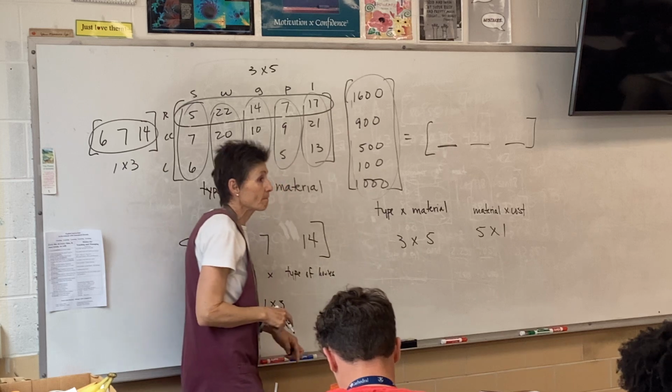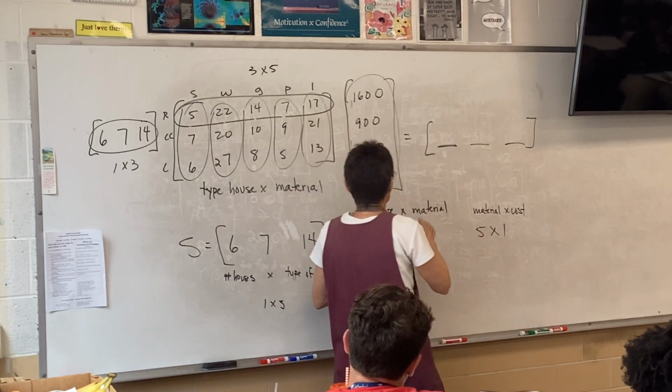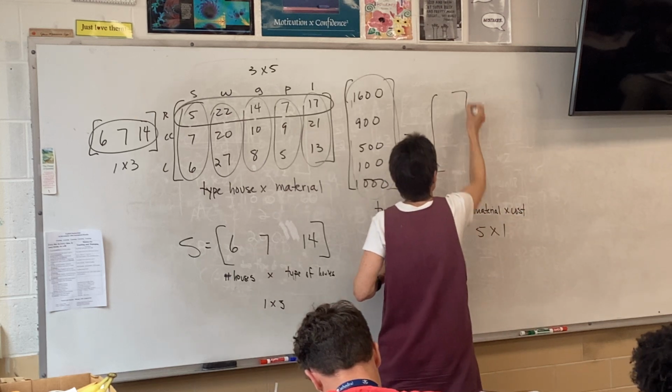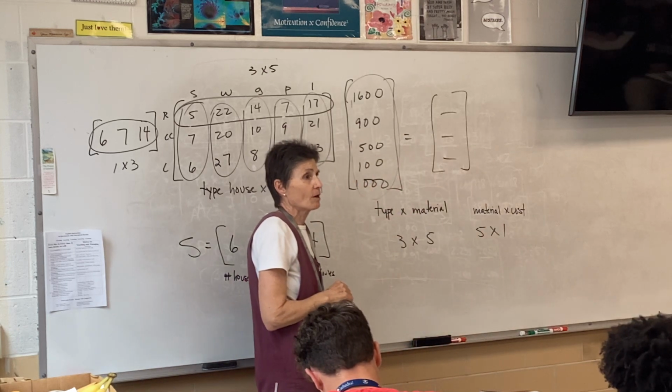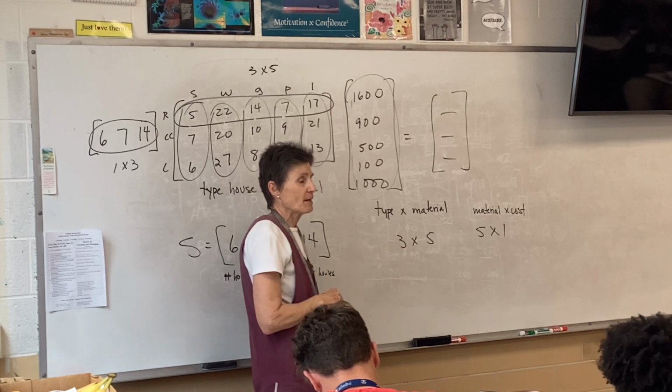Wouldn't it be a 3x1? Yes, I'm sorry, it's a 3x1, not a 1x3. So it's the same idea, but it's going to look like this. The numbers are going to be the same, I just have it written wrong.